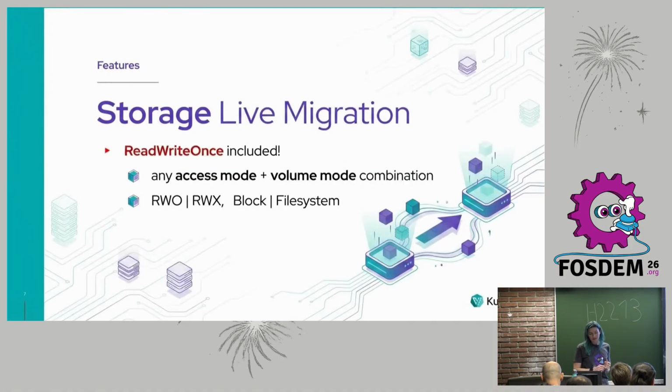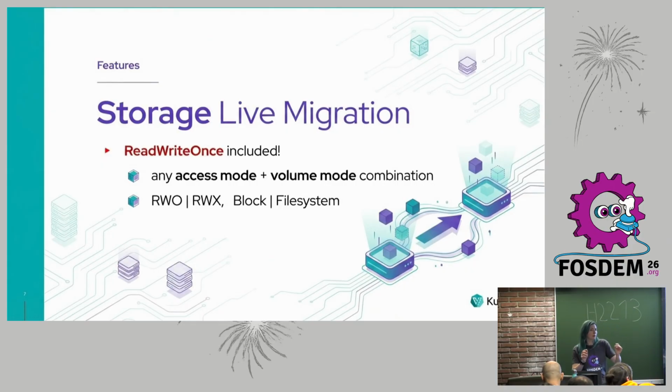So even if your VM has simple storage with read-write-once access mode, it still can be live migrated to another node, and this will work for any combination of volume mode and access mode.